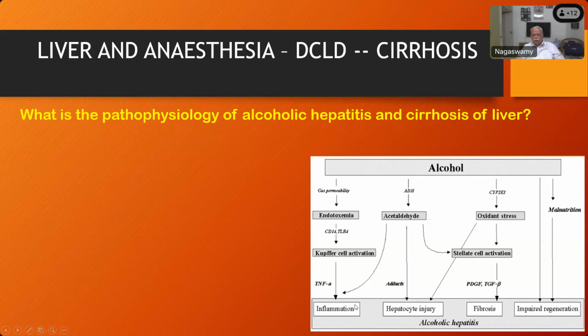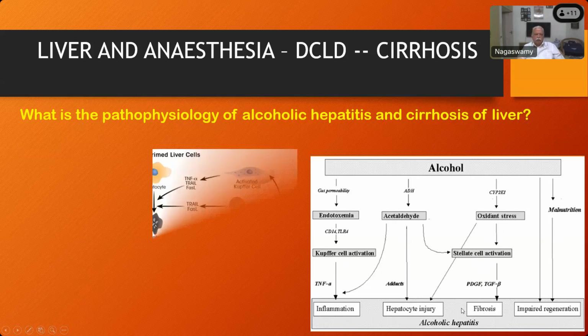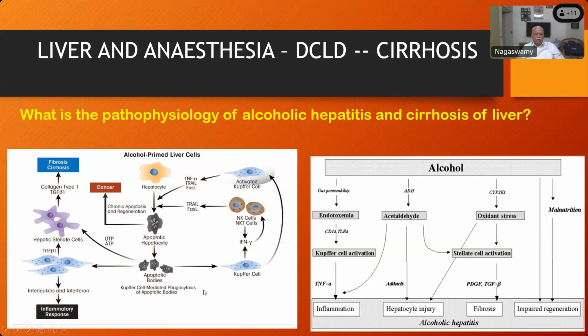So inflammation due to the activation of Kupffer cells, or hepatocyte injury, which also will lead to inflammation, and stimulation of stellate cells, which causes fibrosis, and nutritional impairment, all lead to the state of alcoholic hepatitis. When this goes on again and again, ultimately it can go on to fibrosis.